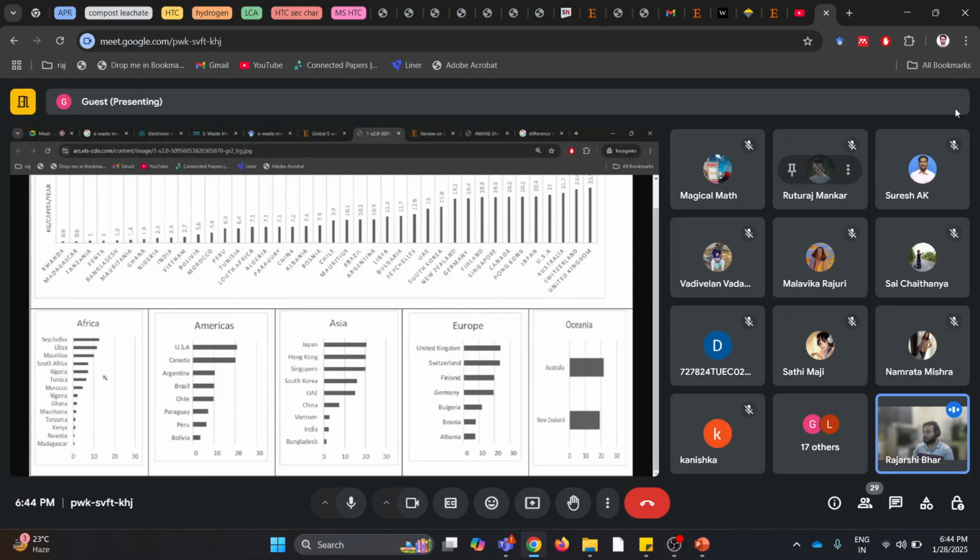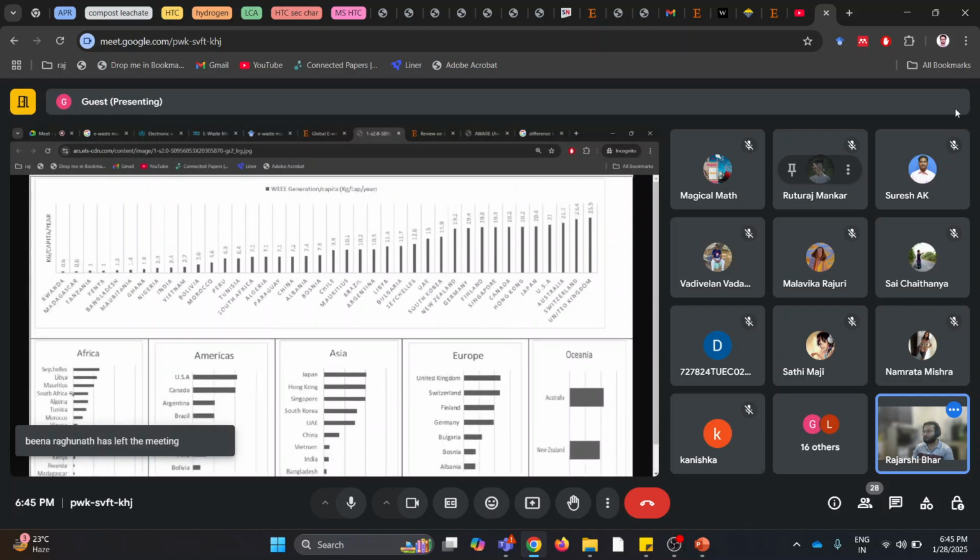Now there are some other figures here as well, which are continent-wise, in Africa. So there are different places. Now the take-home message from this figure, looking at the perspective of population, is that people living in UK, Switzerland, Australia, US, Japan, Canada, Hong Kong, Finland, mostly European countries and developed areas, have a huge per capita waste generation.